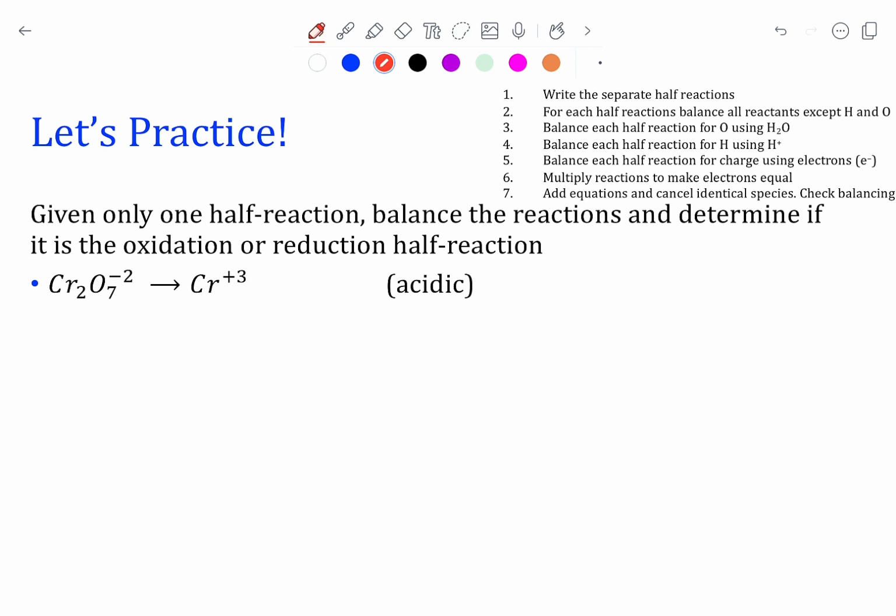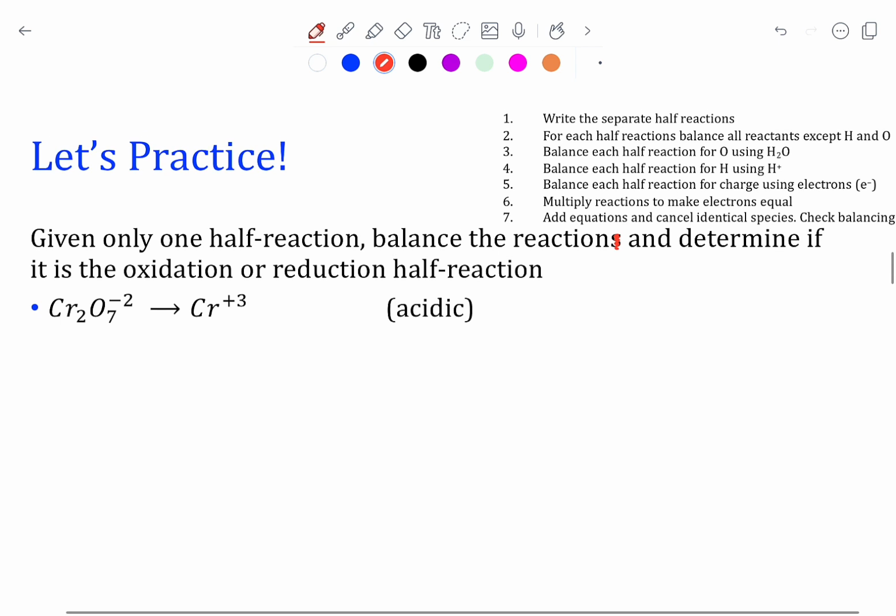So in this problem, I'm only giving you one half reaction. So given only one half reaction, balance the reaction and determine if it is the oxidation or reduction half reaction. Since we only have one half reaction, we get to skip the first step, the sixth step, and the seventh step, because 6 and 7 account for having 2 half reactions present.